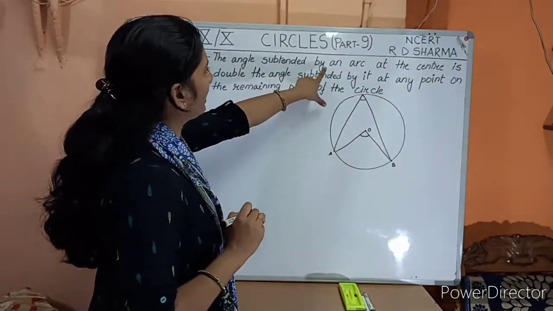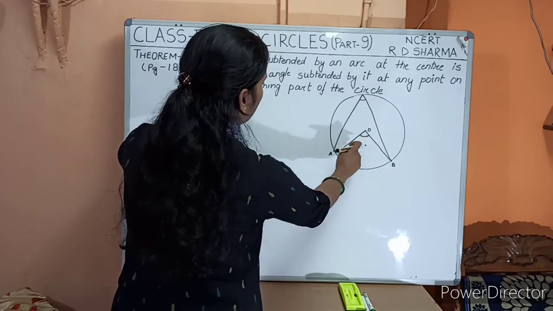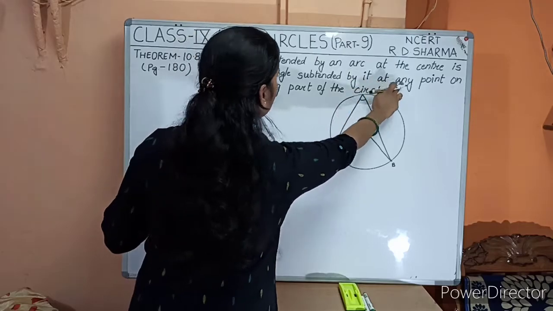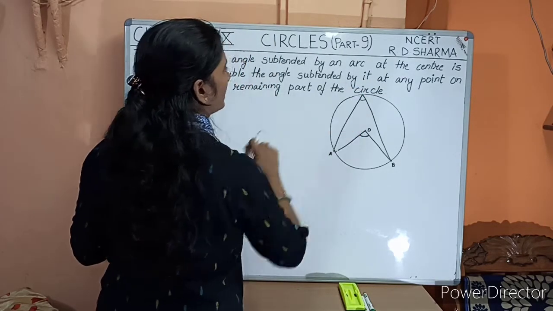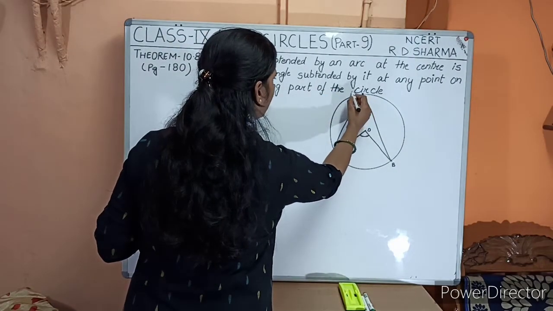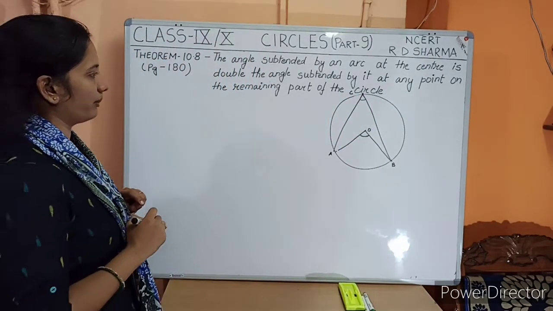The angle subtended by an arc at the center is going to be double the angle which is subtended at any other point on the circle. So suppose this is the point C, where the other angle is forming.